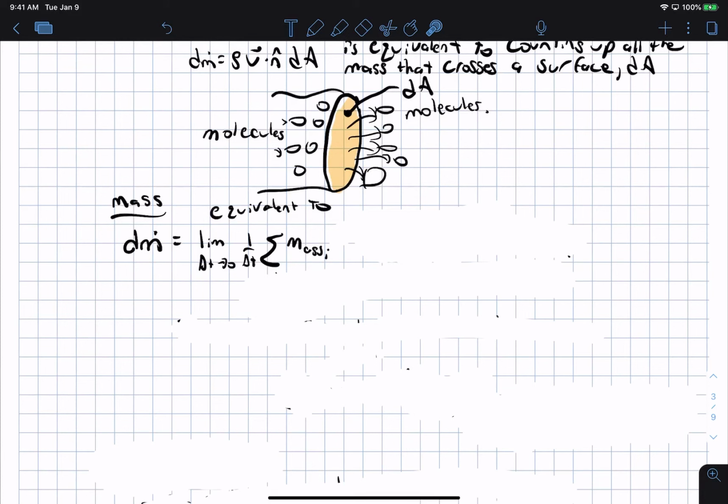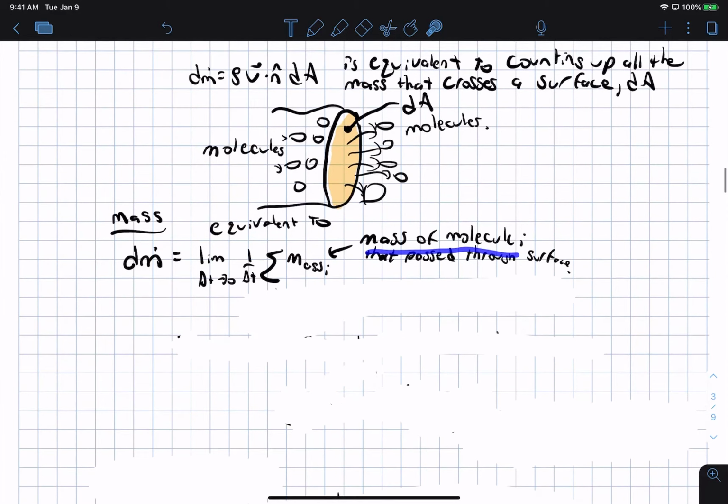Okay? Because again, we are interested in the flow rate, not the total number. And this mass is the mass of the ith molecule that has passed through the surface.